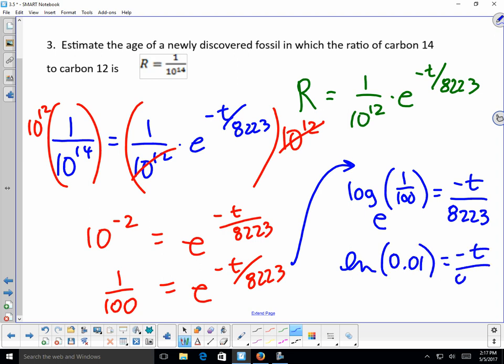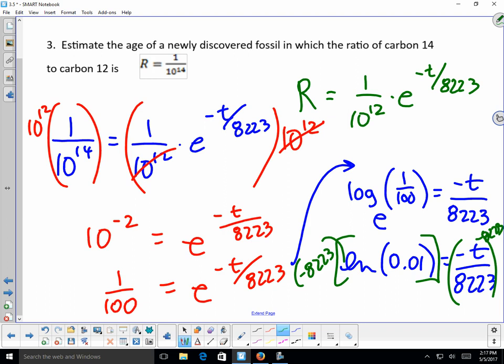And you could maybe multiply both sides then by, like, a negative 8,223. Right, take this and multiply by negative 8,223. Won't that get rid of the negative and get rid of the 8,223? Is that okay?